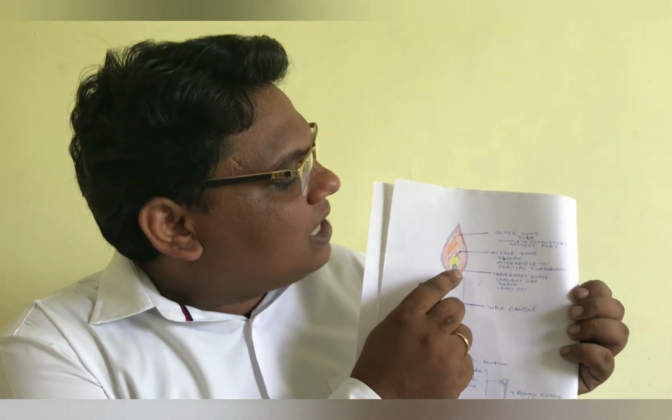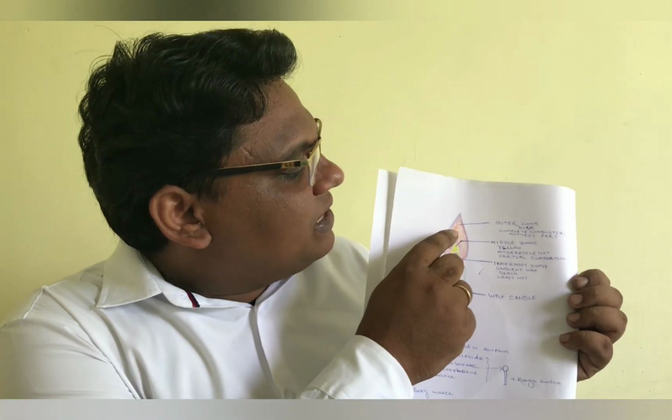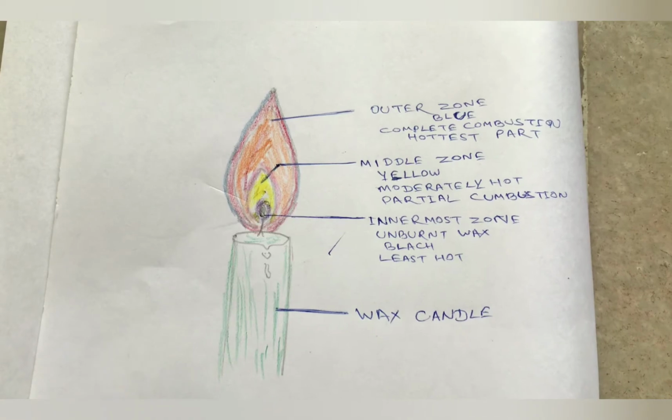That means the blue color is the hottest part of the flame. If you check with a thermometer, you can find that the highest heat is at the outermost region, and the lowest heat you can find at the black tip of the burning wick.